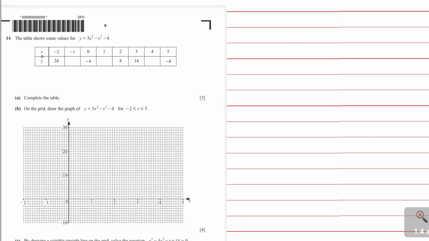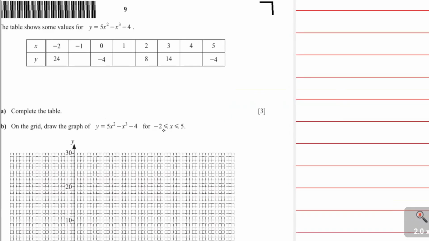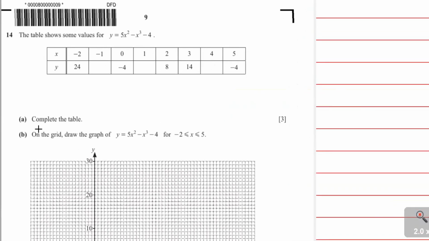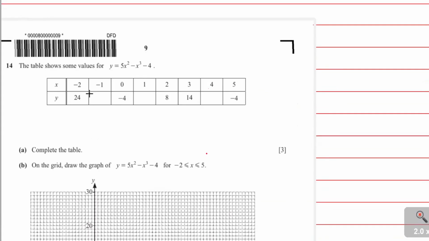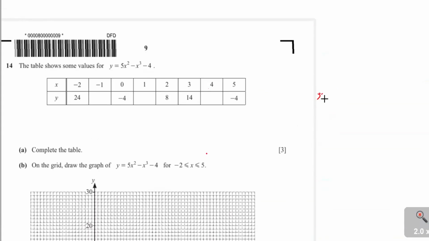Question 14. The table shows the value of y equal to 5x square minus x cube minus 4. Complete the table. Look here, this is the table. In this table, the values for x equal to minus 1, 1 and 4 are missing. Firstly, we will calculate the value of y when x equal to minus 1.